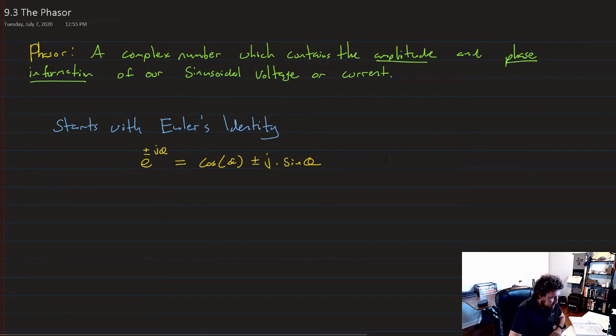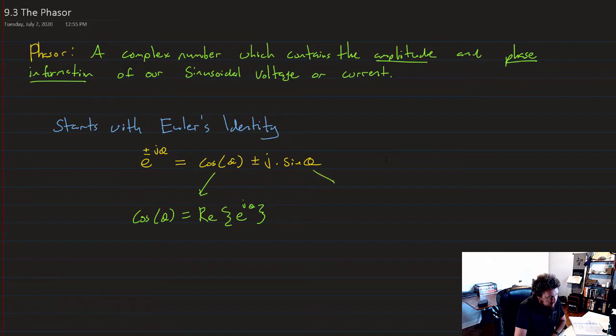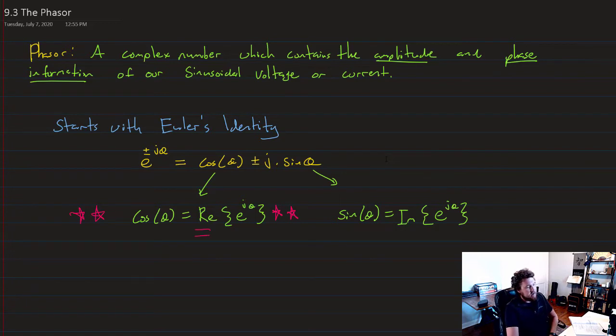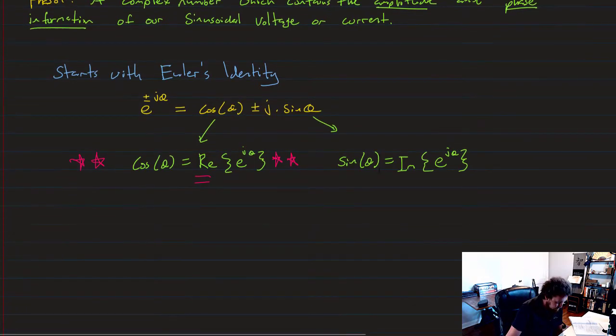Now we can take this and break it up just a little bit and say that the cosine of theta is equal to what we'll call the real component of e to the j theta, and that the sine of theta is equal to the imaginary component of e to the j theta. This, by the way, is why we choose to use cosine to represent our sinusoids, so we can get that real component of our complex number.